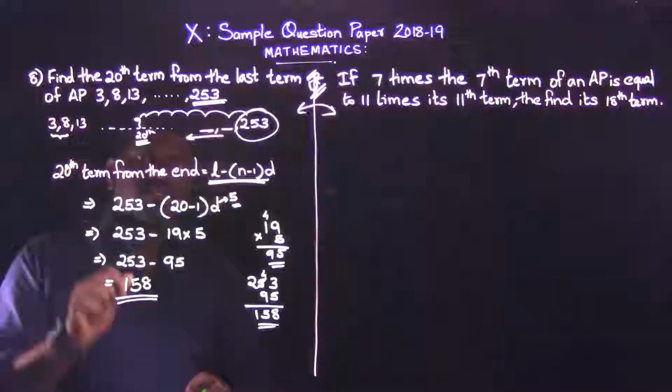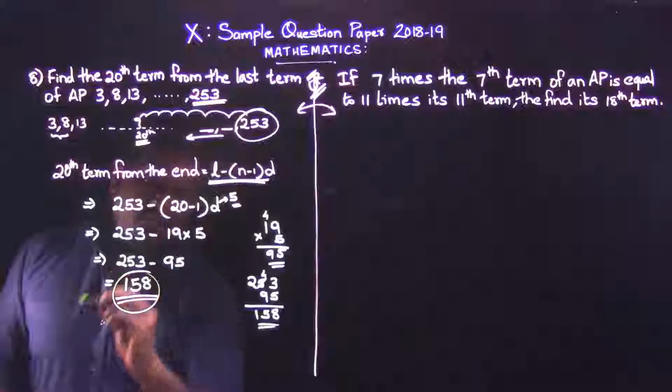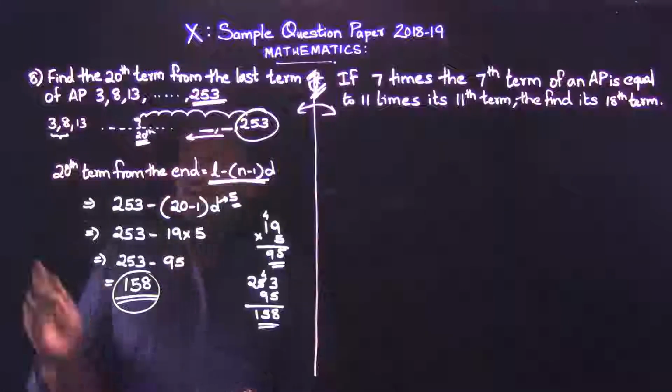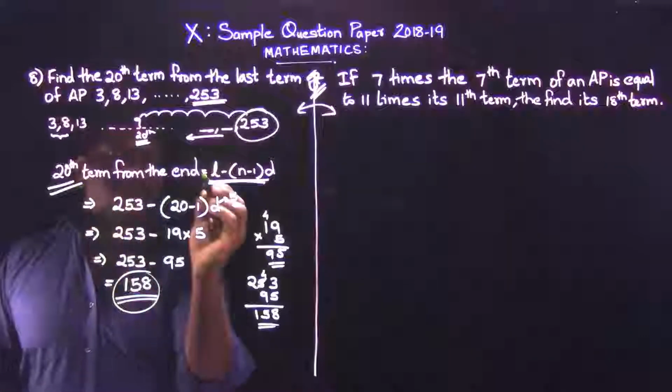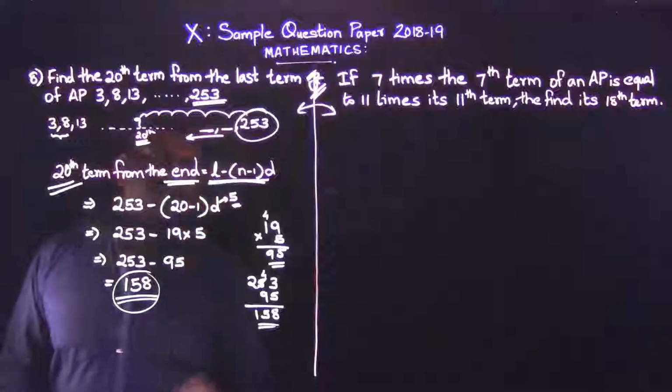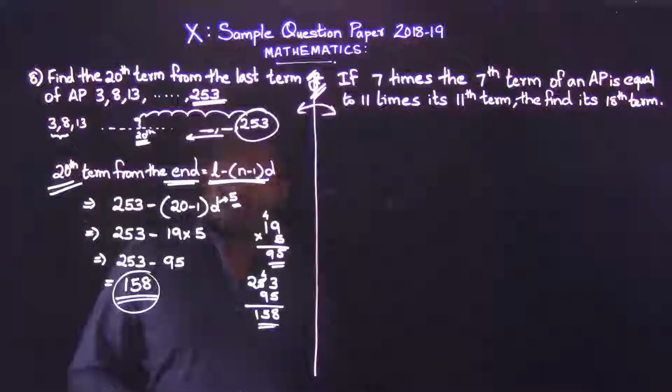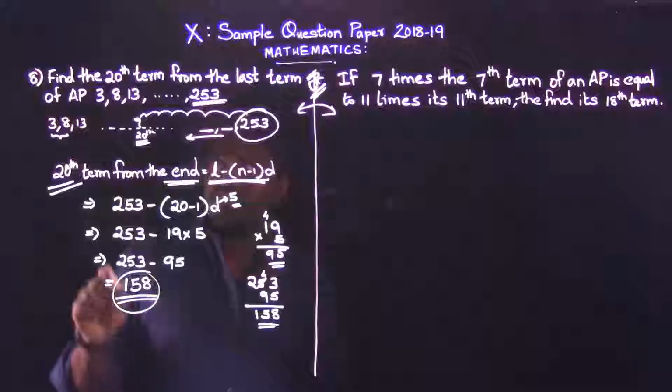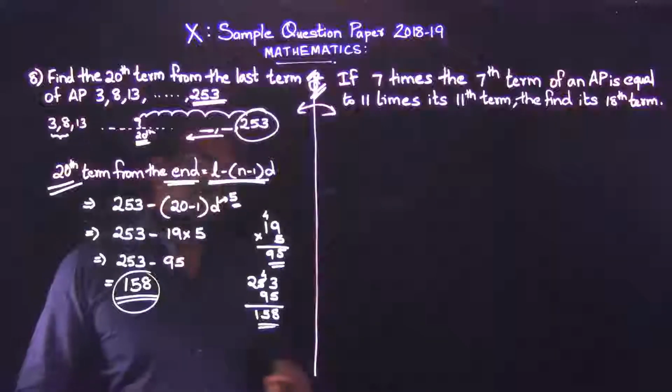So the 20th term is 158. This is how you solve it and get the 20th term from the last, or from the end. Clear? 158 is your answer for the 8th question.